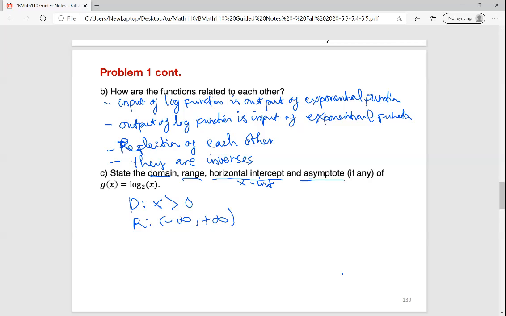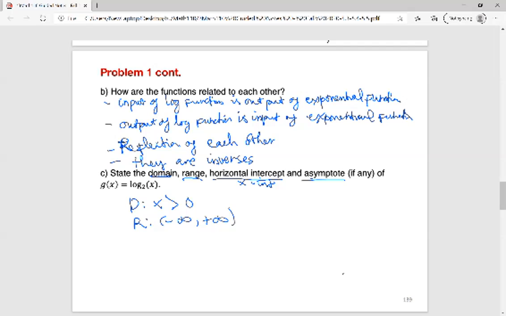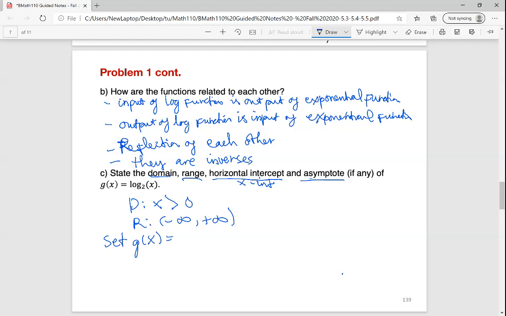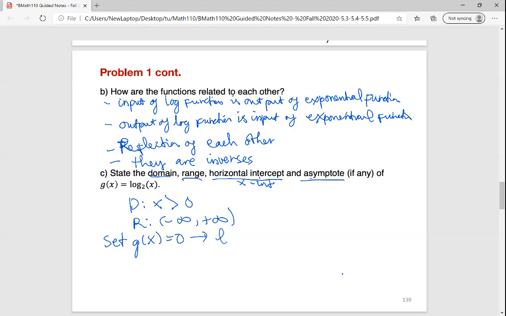So for the x-intercept, in order to get it, you have to make g of x equal 0. So set g of x equals 0. Then I have log base 2 of x equals 0. So then we try to find x.